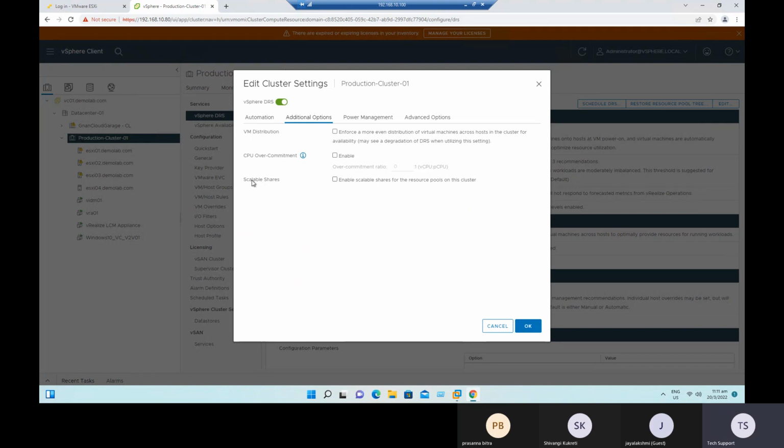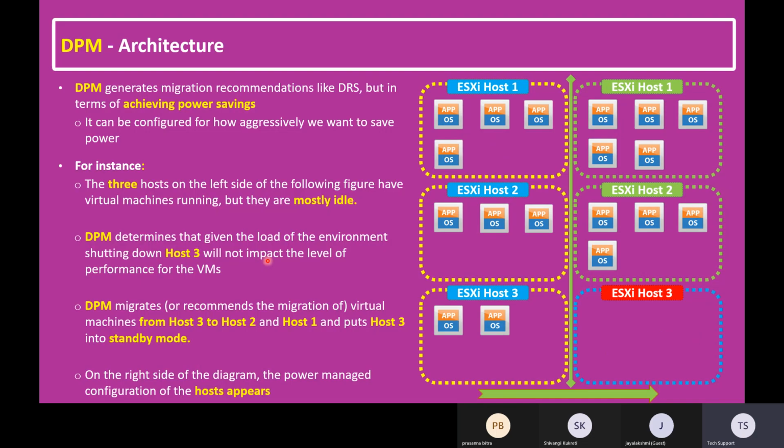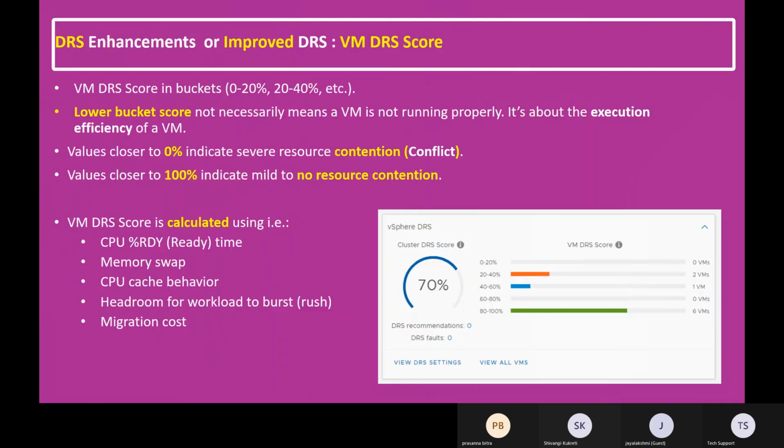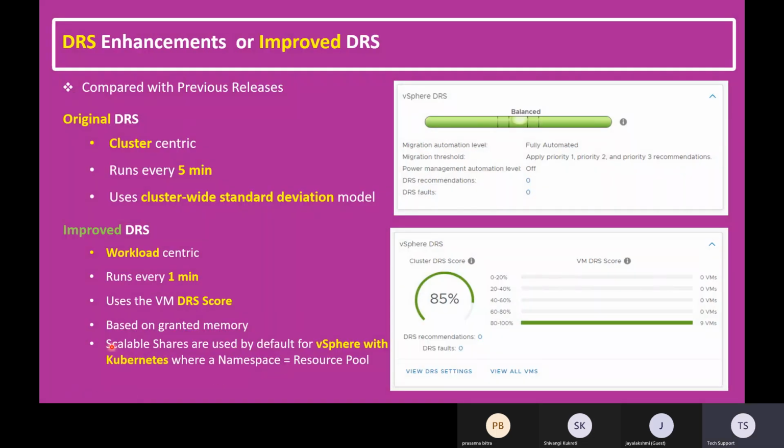And the scalable shares. This is the point I highlighted today. Scalable shares: enable scalable shares for resource pools on a cluster. Normally remember that this scalable feature is used only in vSphere with Kubernetes. Let's go back to our previous slide. See here, I highlighted: scalable shares are used by default for vSphere with Kubernetes.